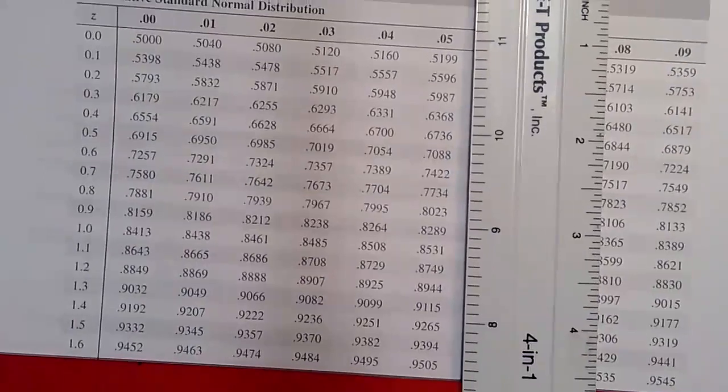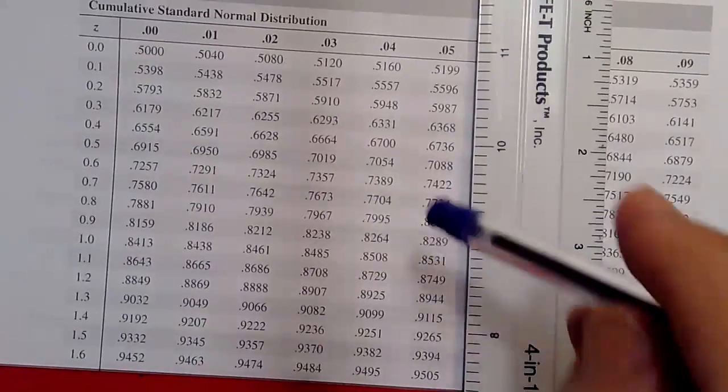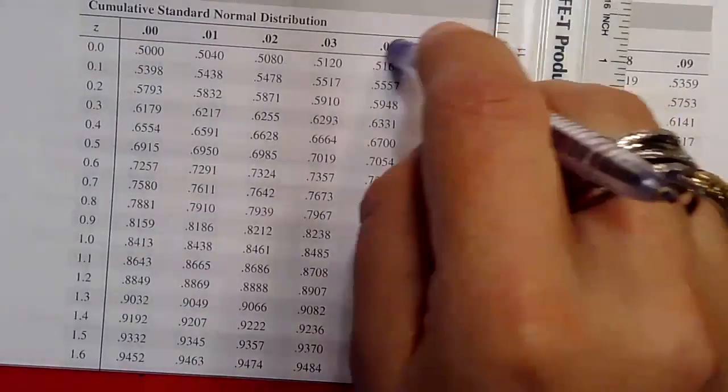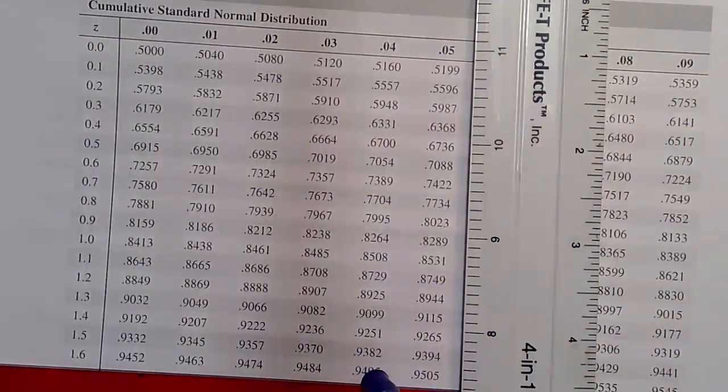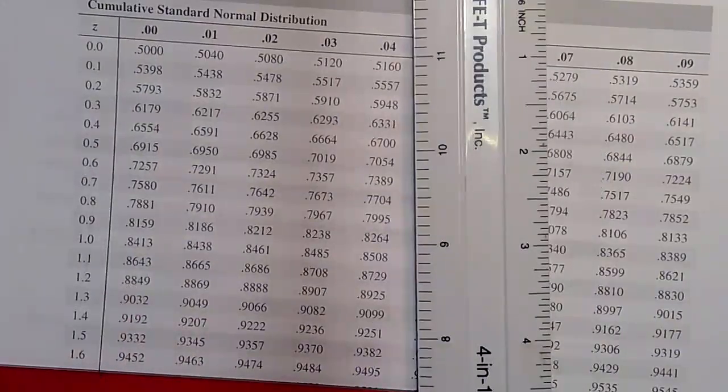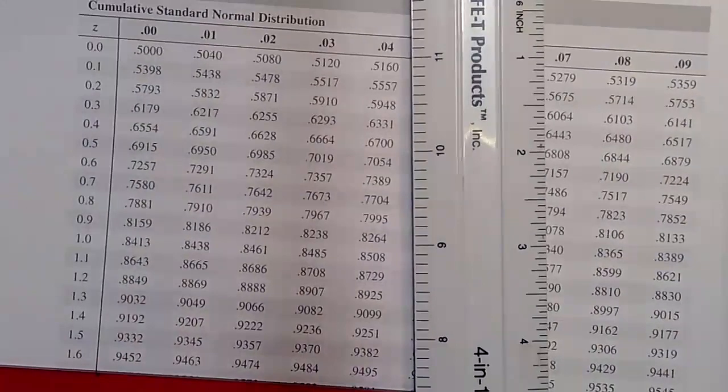Okay, so then we want to record these two, and it's in between these two potential areas. And then here's your 1.6. So I'm going to record that 1.6.